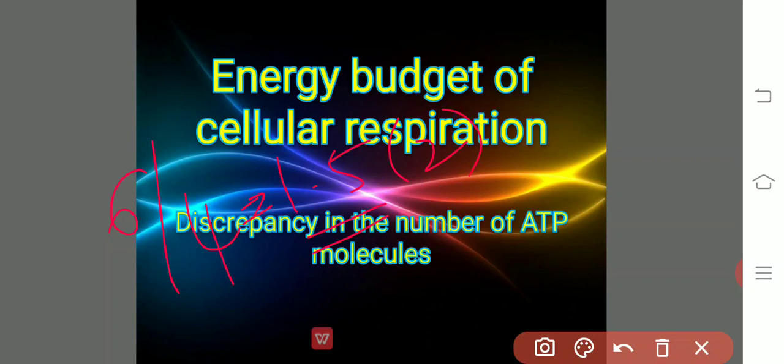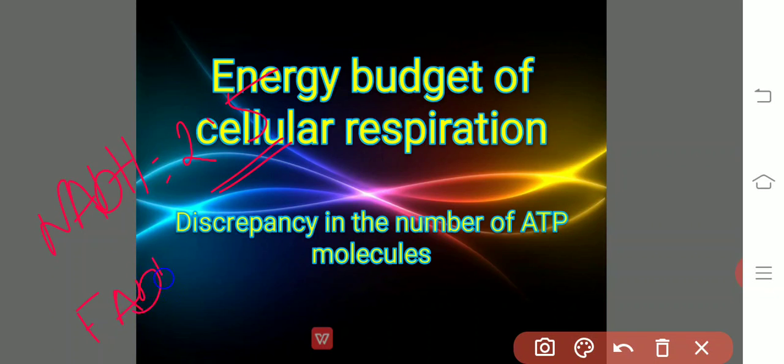So according to chemiosmosis, whenever NADH is the electron donor, 2.5 ATPs are formed, and if FADH2 is the electron donor, 1.5 ATPs are formed. This is the new calculation.